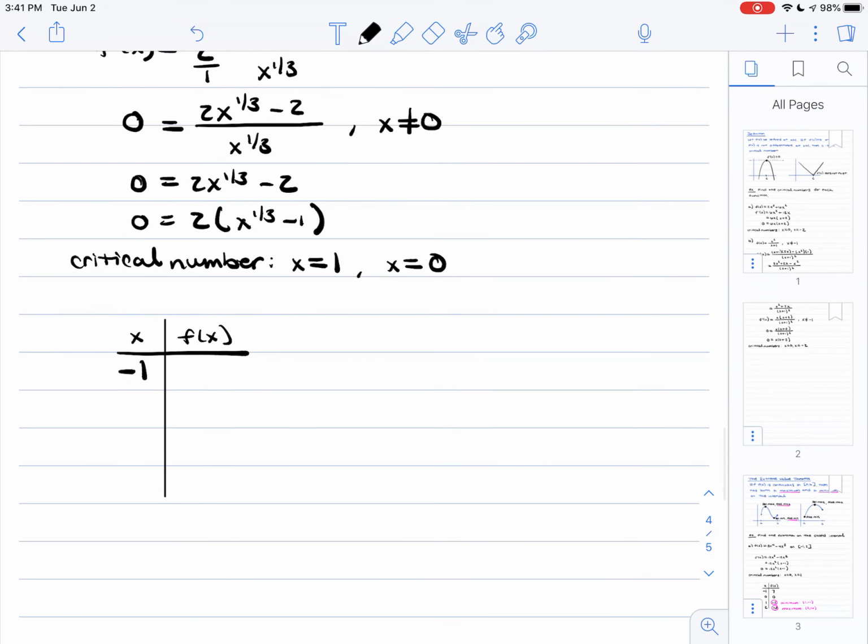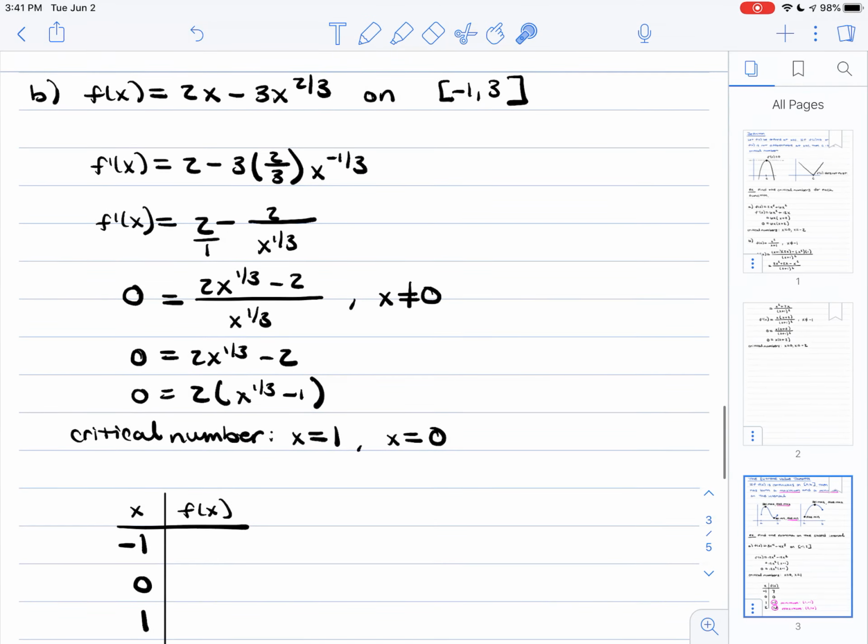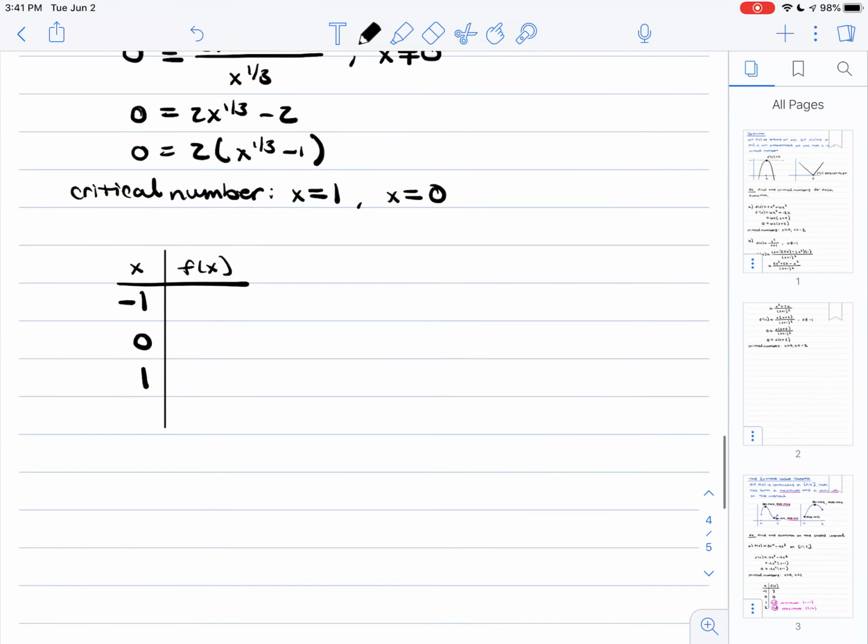All right, so we have our left endpoint at -1. Then we have our critical numbers at 0 and 1. And then we had our right endpoint at 3. Okay, so I'm just going to plug all these numbers back into my original function.